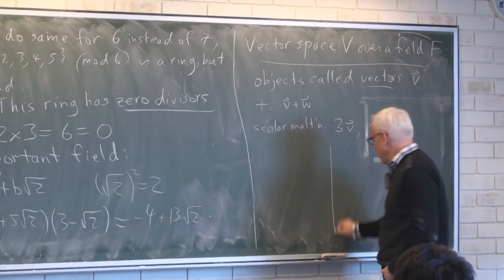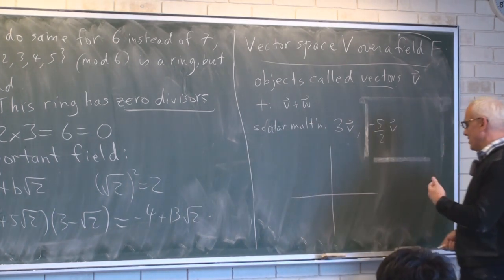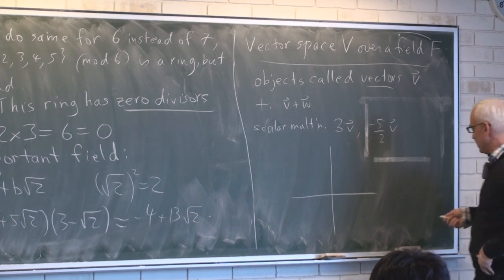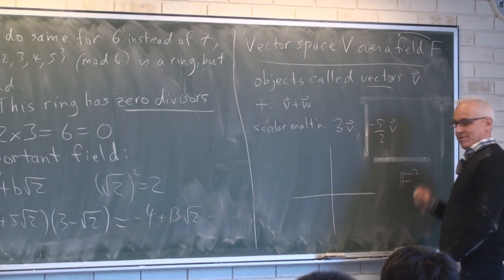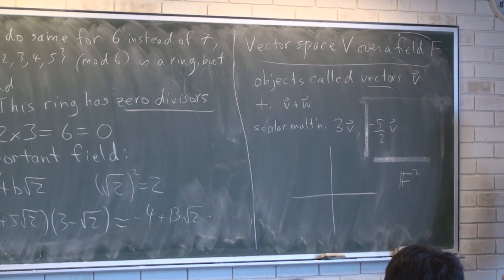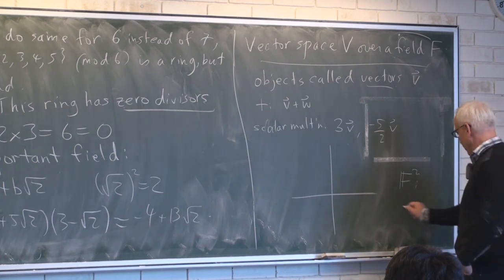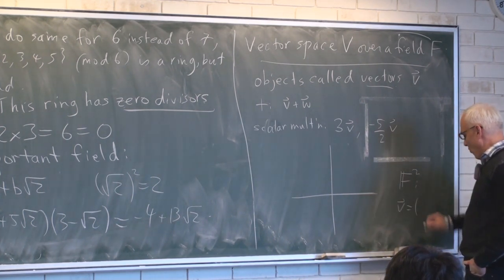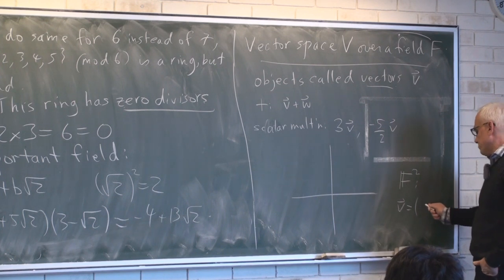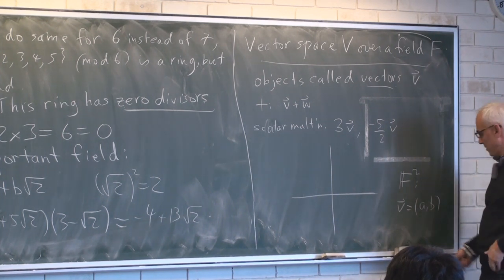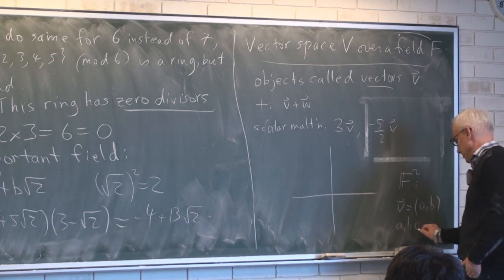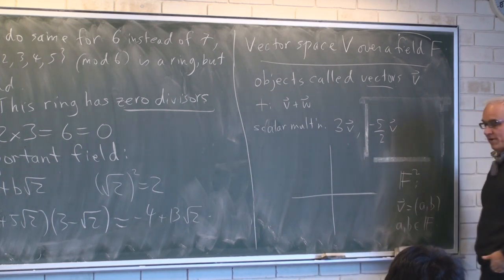A good concrete example is F squared, consisting of vectors of the form (a, b), ordered pairs of elements from the field, whatever the field is.